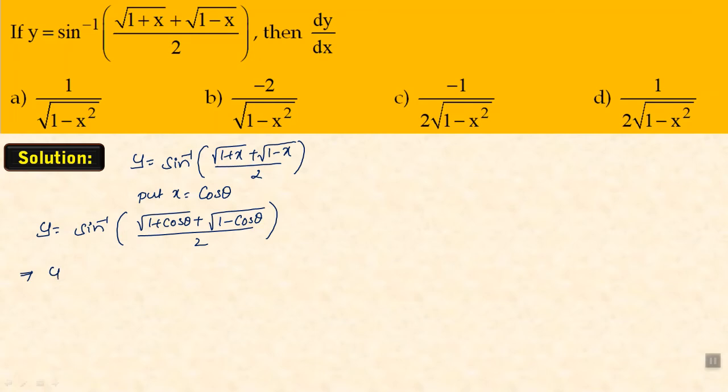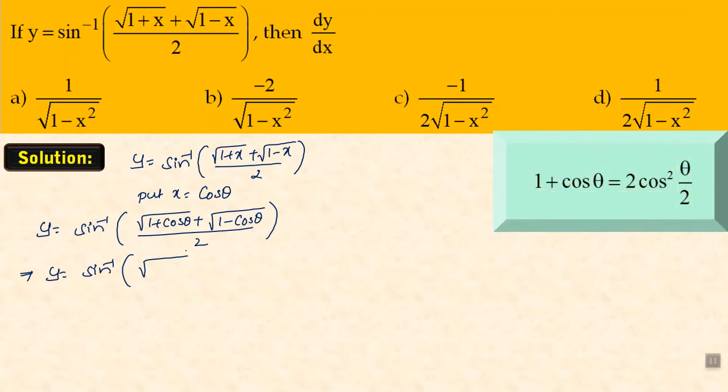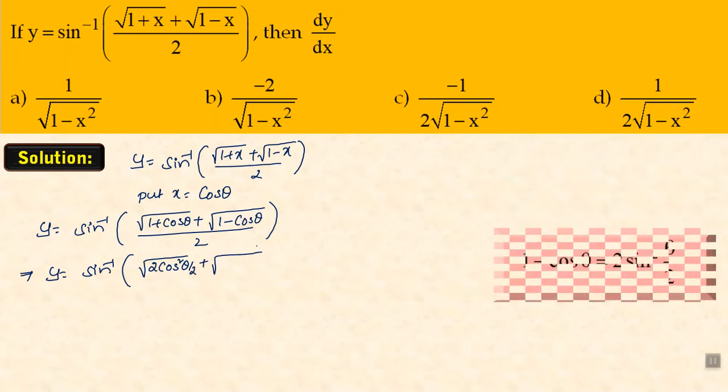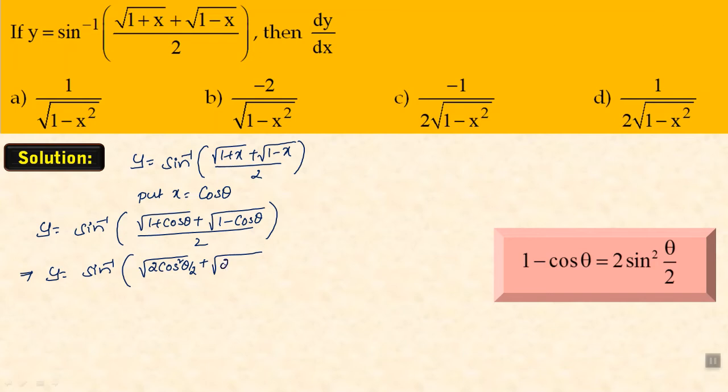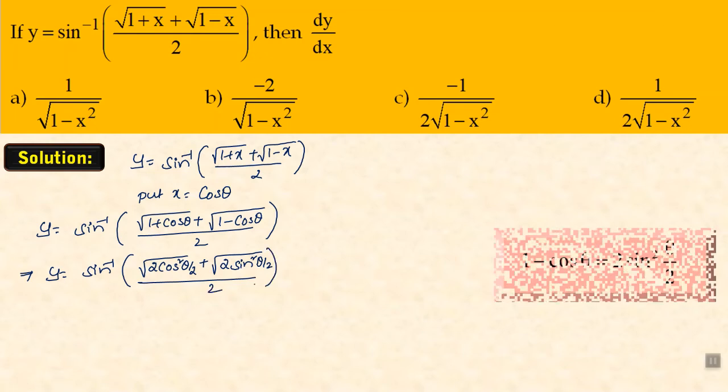This implies y is equal to sine inverse of square root of, we know that 1 plus cos theta is equal to 2 into cos square theta by 2, plus square root of, we know that 1 minus cos theta is equal to 2 into sine square theta by 2, whole divided by 2.